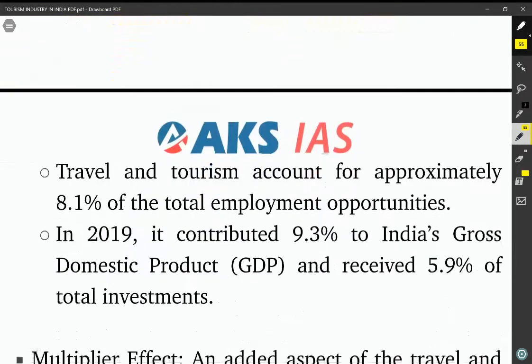Number two, travel and tourism account for approximately 8.1% of the total employment opportunities. These facts and figures are especially important for you while writing your answers, and could be very important in your essay paper as well.